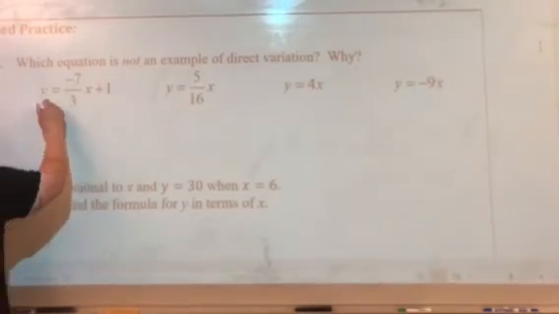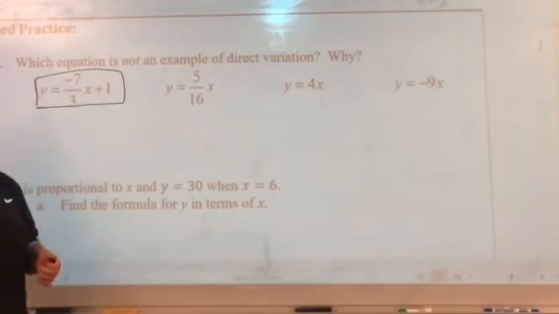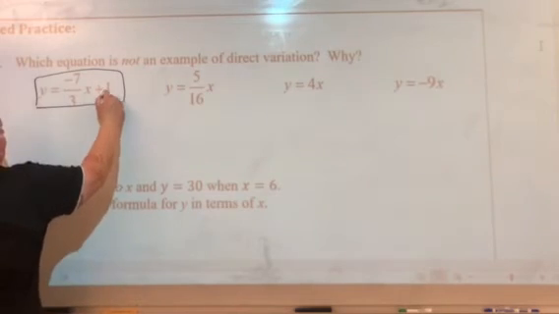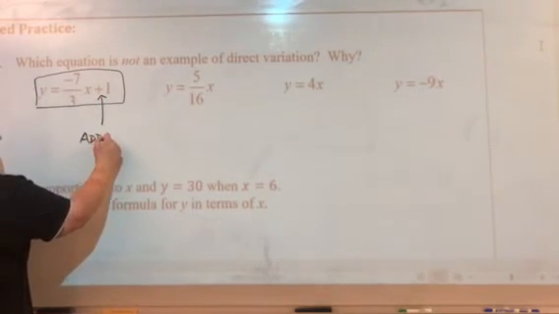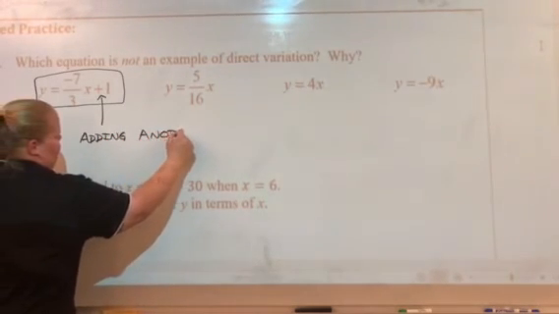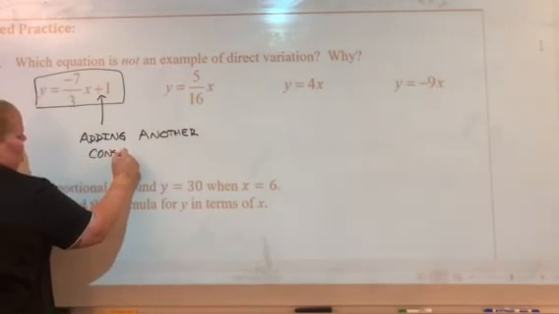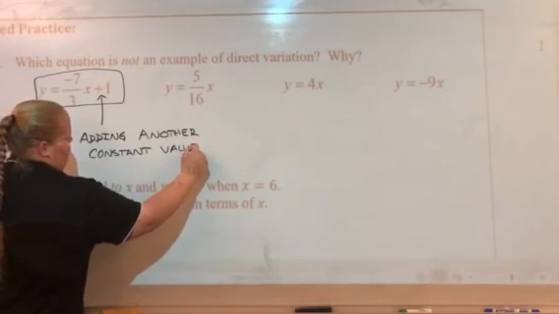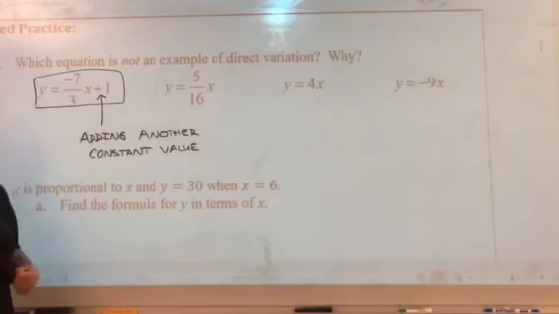This one is not an example of direct variation, and not just because it looks different than the others, but because of this plus 1. You're adding another constant value. This is different because it puts something extra into our formula.